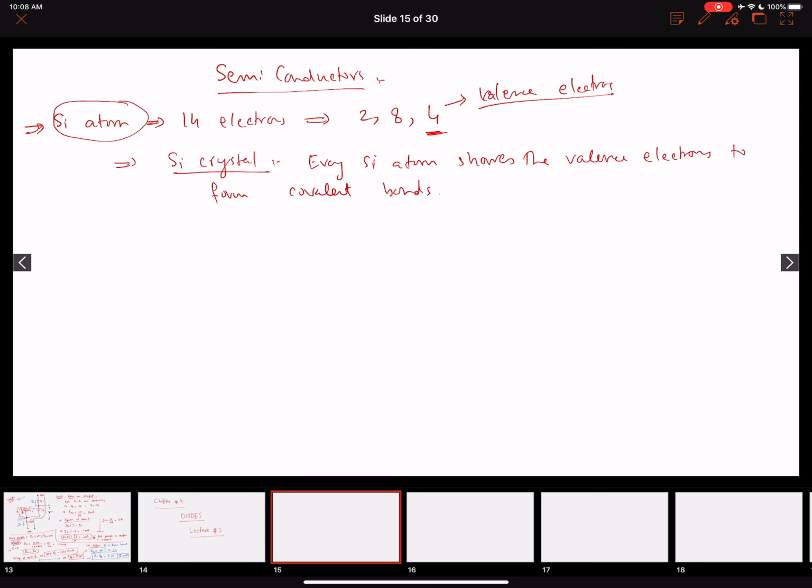And I'm going to show you an example how they do that. So just imagine this is a silicon atom. It has these 4 valence electrons. Here's another silicon atom, 4 valence electrons. Here's another silicon atom. Right? So this electron pair will be shared to form a covalent bond.